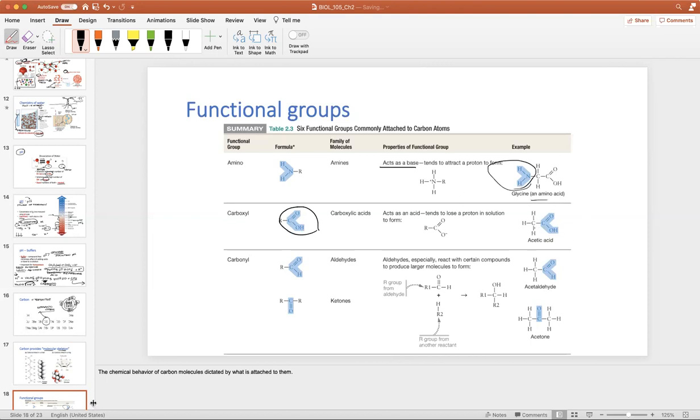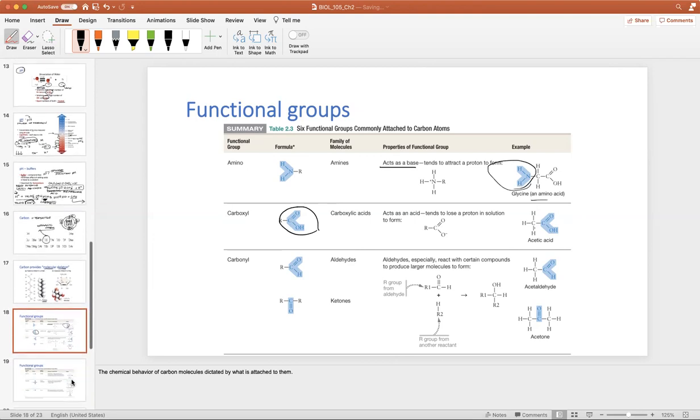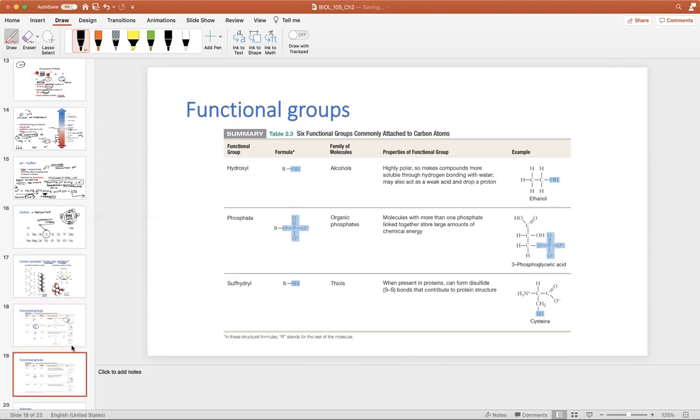And so I don't expect you to learn these. We're going to talk about a few of them when we get to our discussion of amino acids, but I just want you to recognize the versatility here. Like here's an OH group stuck onto a carbon. This forms an alcohol. Here's a phosphate group stuck onto a carbon, okay? When you have more than one phosphate linked together, it stores chemical energy.